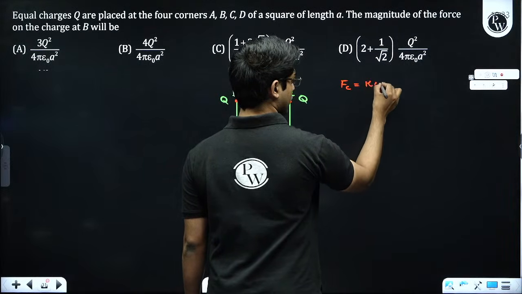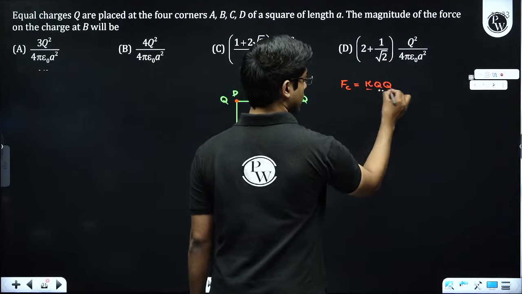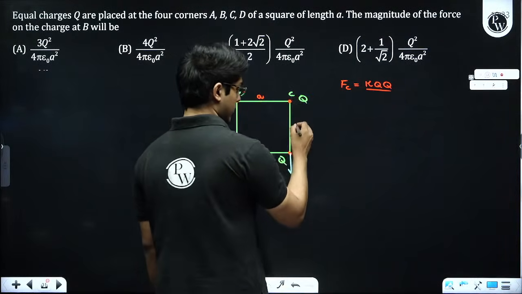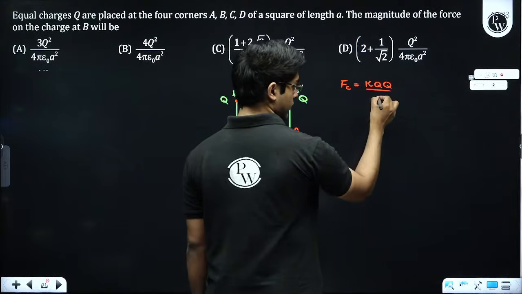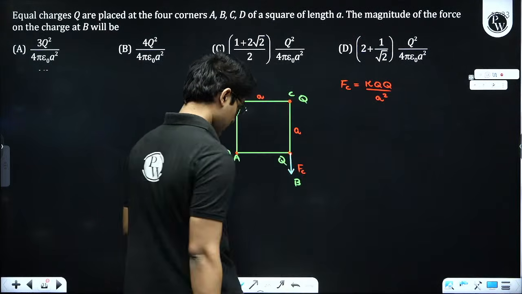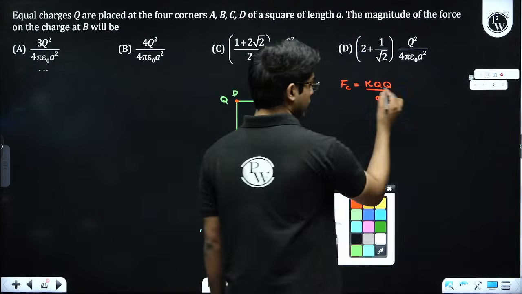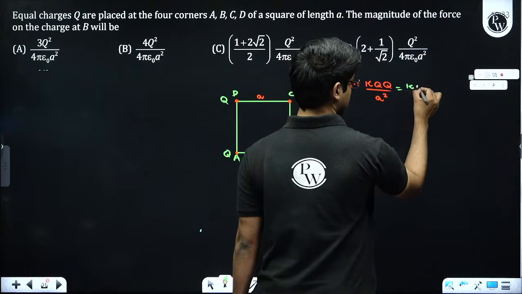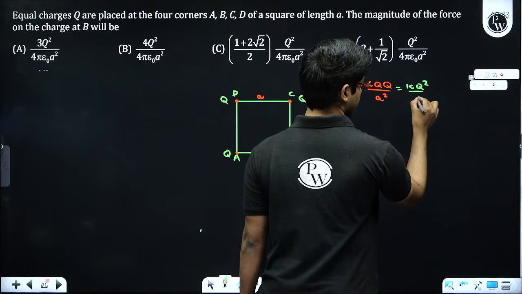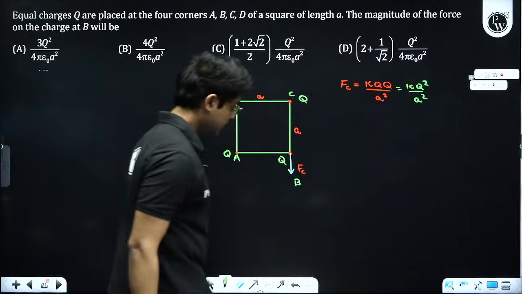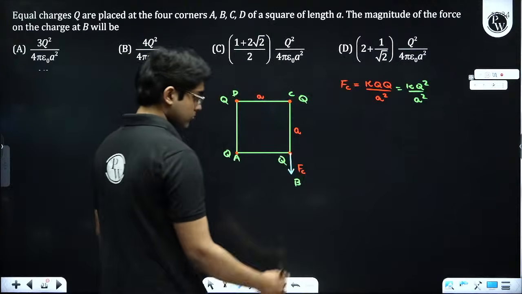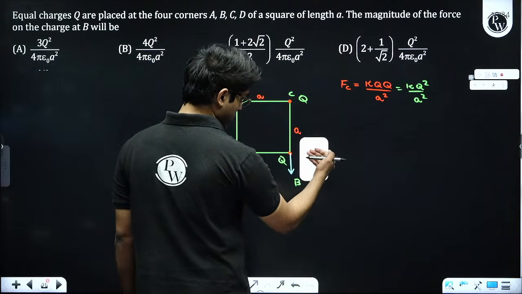K Q1 Q2 divided by A square, right? This distance is A, so this divided by A square. Or we can say K Q square by A square. So that is going to be this force.